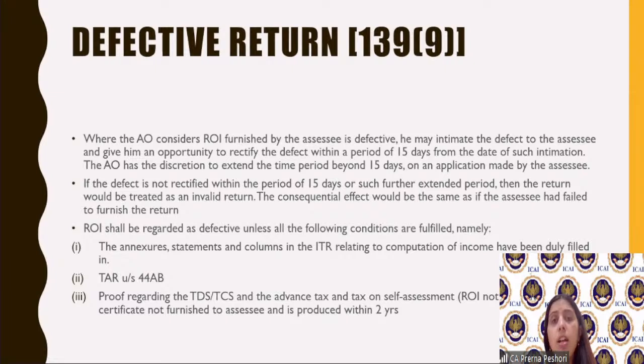So are you understanding? So this was a very specific case wherein the assessee had entered into an amalgamation scheme which was approved by NCLT giving a particular appointment date from where the amalgamation would come into effect. Now from that time period, the return of income should have been filed.